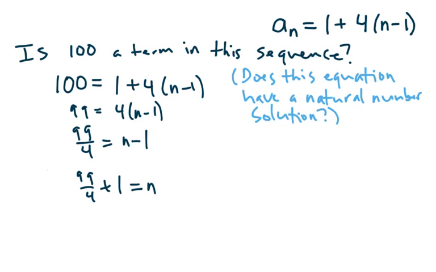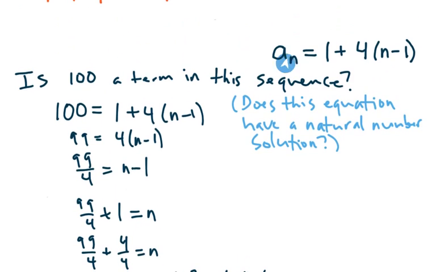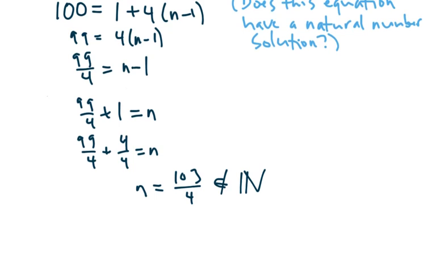And even when you get a common denominator and add, you should see that n is not going to be a natural number. N is going to be 103/4. 103 is not divisible by 4, so n is not a natural number. N is not in the set of natural numbers. Which means that there is no index I can give a that would make this formula equal to 100. So 100 is not a term in this sequence.